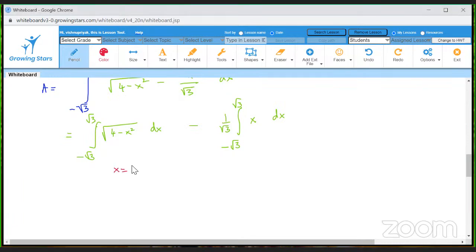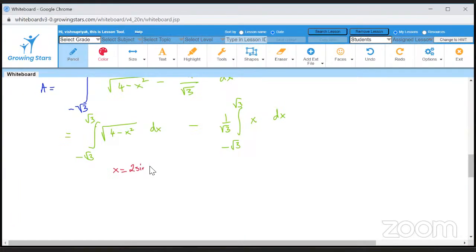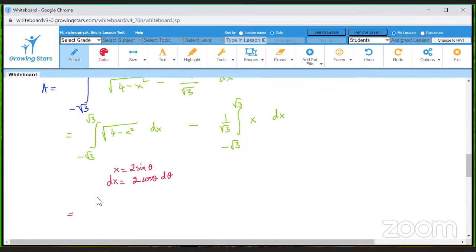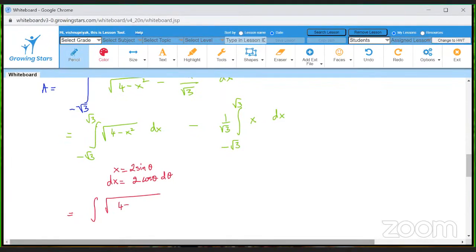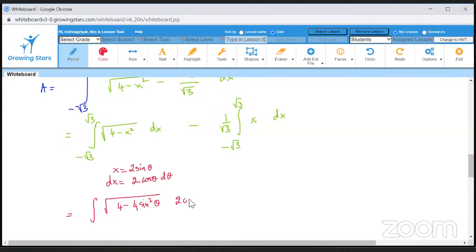x you have to take as 2 sine theta. dx will be 2 cos theta d theta. So you will have integral square root of 4 minus... You will understand why I took x as 2 sine theta, because x square will be 4 sine square theta. dx will be 2 cos theta d theta.